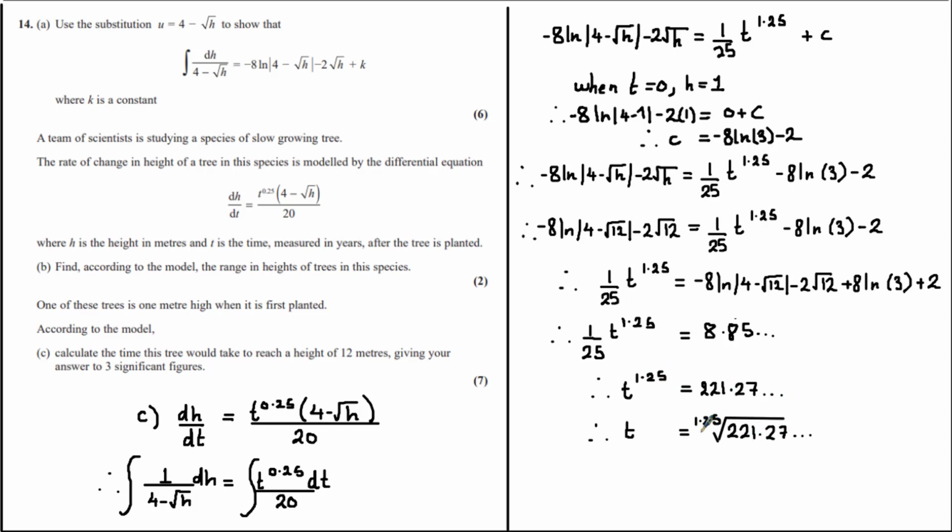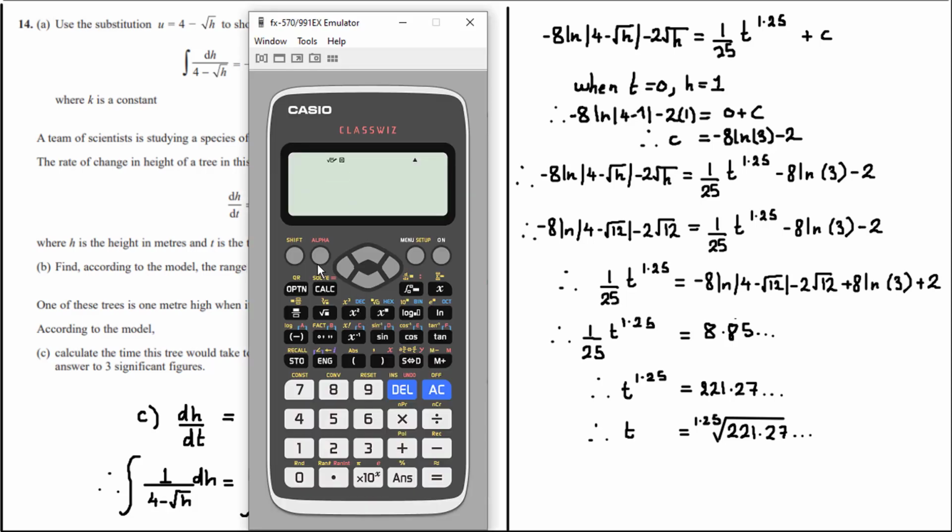So let's just work this value out in our calculator. So we're going to press shift, press this button here. We're going to do 1.25, and here we're going to put in answer, which is the answer we found here, 221.27 and so on. Pressing equals, we get a value of 75.15 and so on.